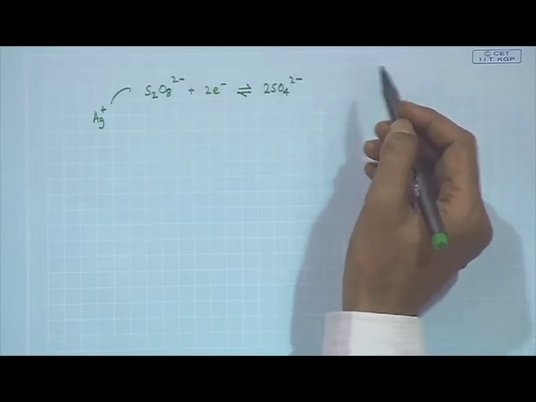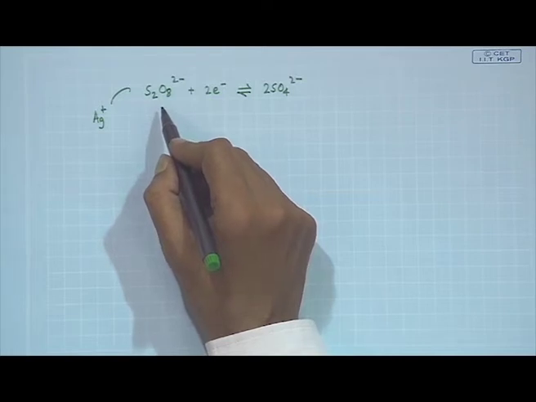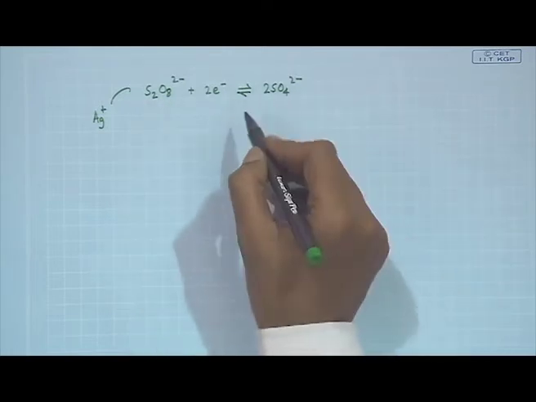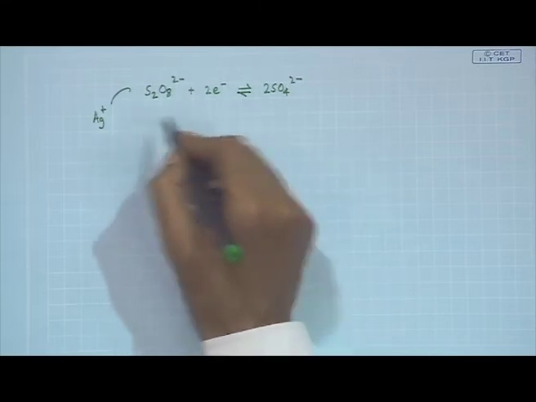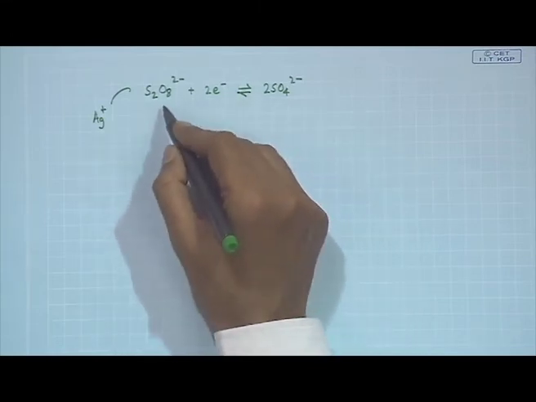So, you can oxidize with persulfate as well as sodium bismuthate.